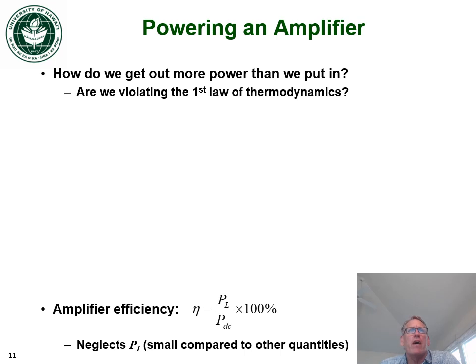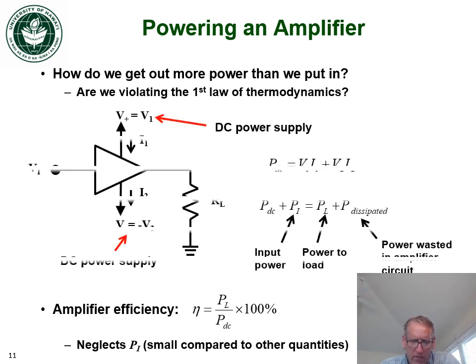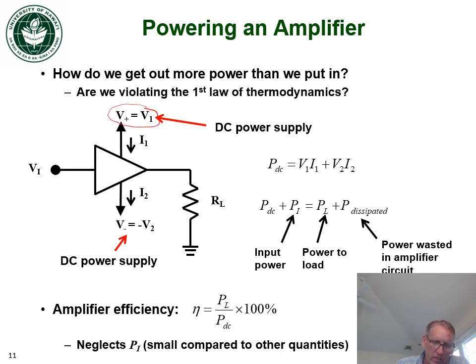In fact, we're not. And the reason is that we often just don't draw it quite accurately, just to make it faster and easier to draw. If we were to draw the amplifier more accurately, we would include a positive voltage supply and a negative voltage supply. The negative voltage supply is often ground, but it could be a negative voltage as well.